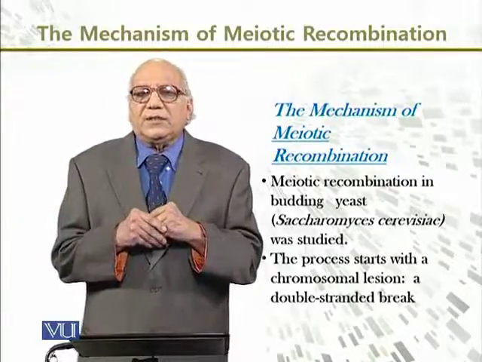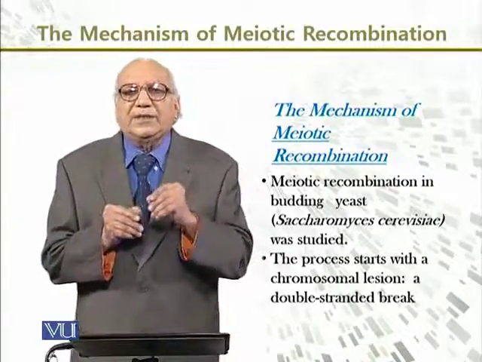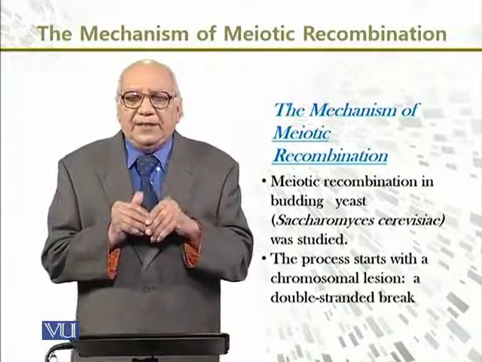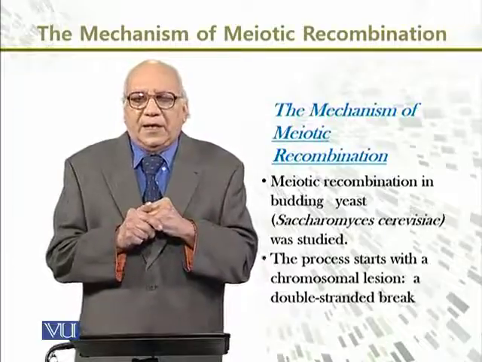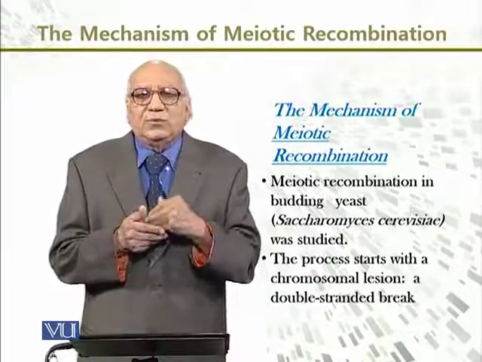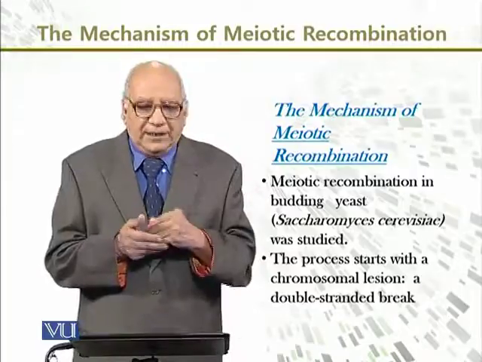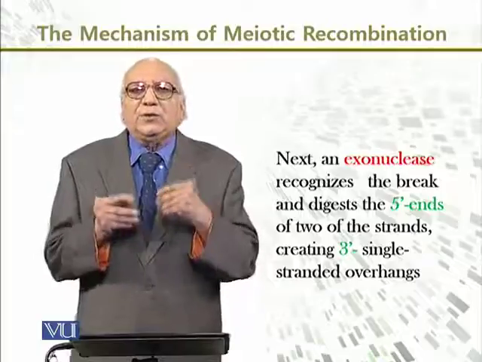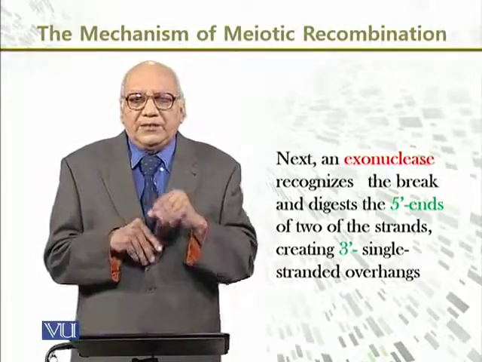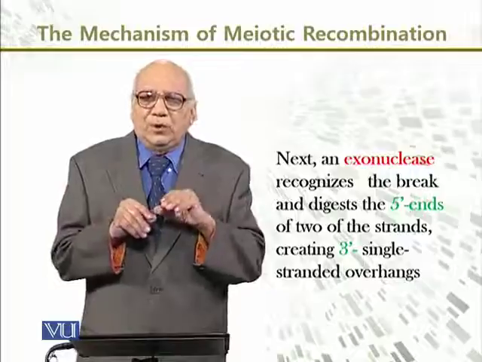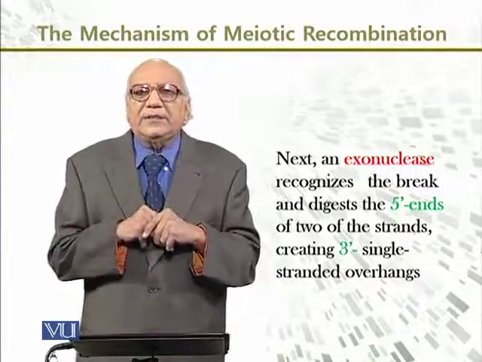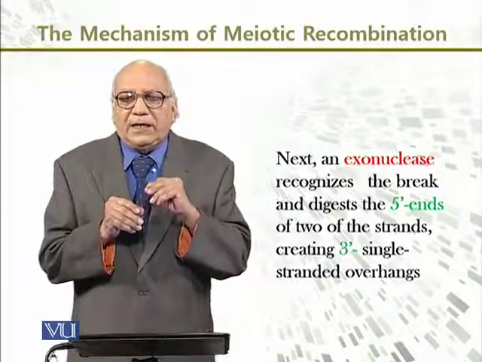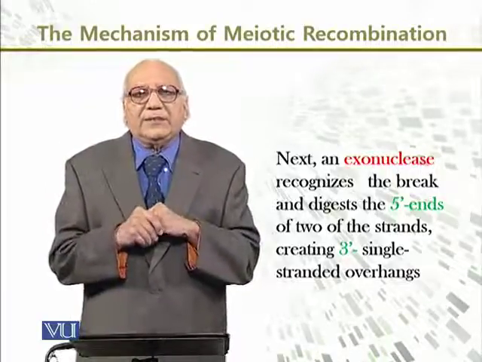The process starts with a chromosomal lesion. On the chromosome, a lesion occurs and a double-stranded break of the DNA is initiated. Next, an exonuclease enzyme recognizes the break. These enzymes recognize the break at the 5' ends of the two strands.